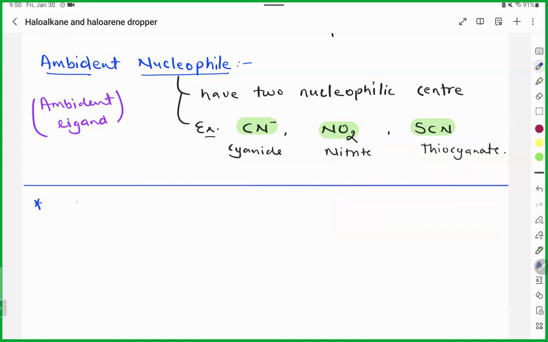So first is SN2, which means nucleophilic substitution bimolecular. As the name suggests, in this case you have two important molecules. That's why in this case you will have order 2. What does it mean? While you are doing the reaction, both the molecules are extremely important.